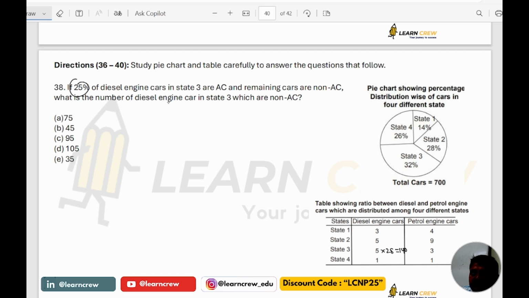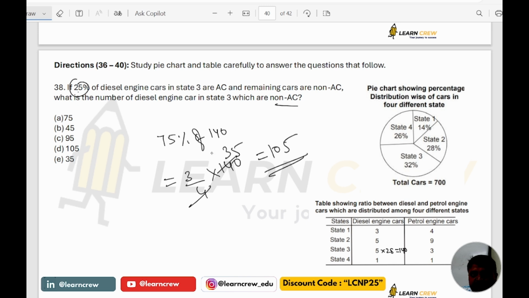What is the number of diesel engine cars in state 3 which are non-AC? If 25% are AC, remaining 75% of 140 are non-AC. So 3/4 of 140, which is 105. 105 cars are non-AC which are of diesel engine in state 3.